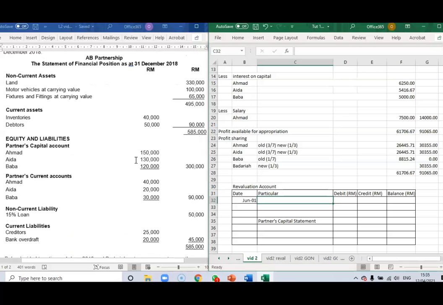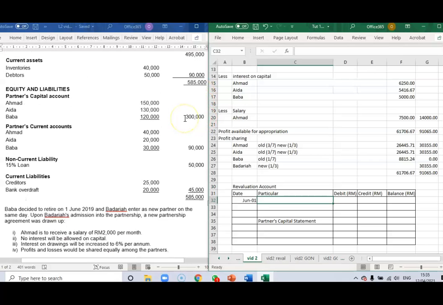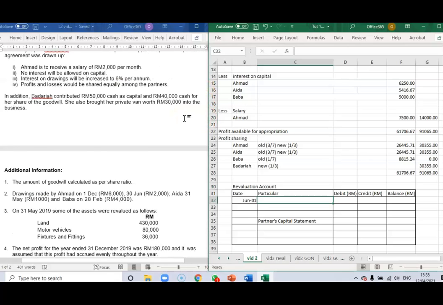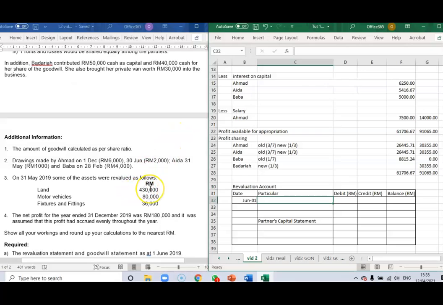The carrying value, you can see inside the statement of financial position, is 330,000, but the new value is 430,000. So there is an increase of land.